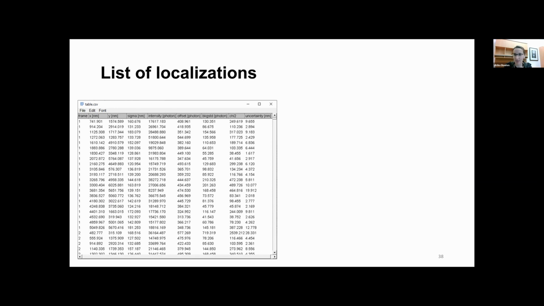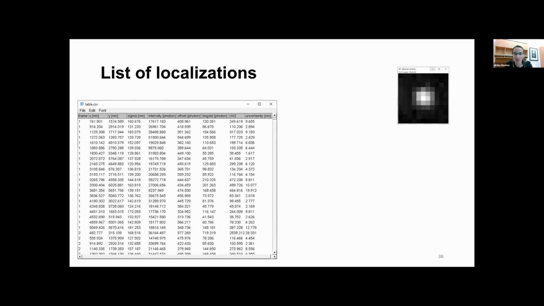So instead of having, like in normal microscopy, a beautiful image, the end of the processing is in principle a list of localizations. Right now I would like to go with you briefly through this type of list in order for you to understand what's indicated there.